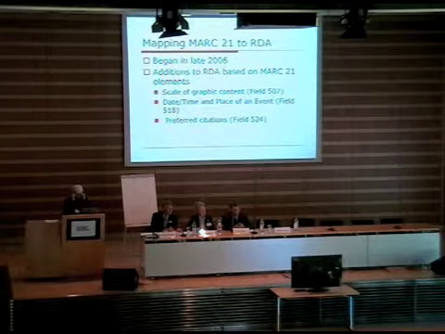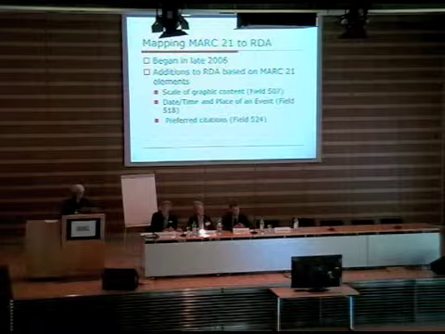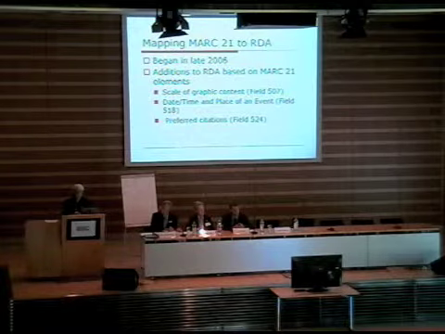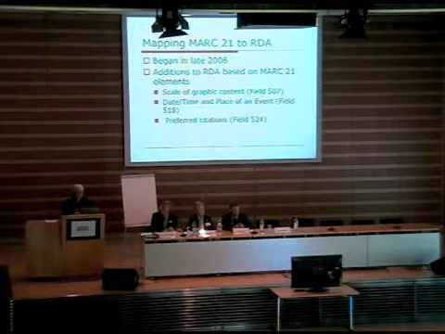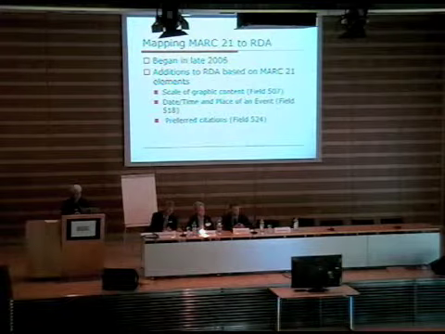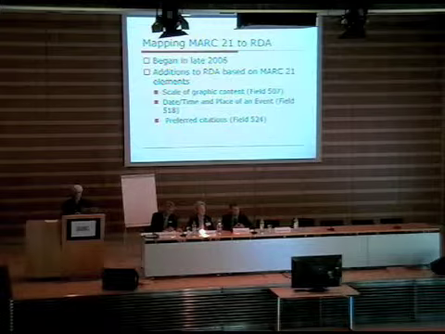So now I'll talk about the actual mapping of MARC 21 to RDA. It began in late 2006, and the activity was started by the JSC because what we wanted to do was look at the compatibility between RDA and MARC 21. In the first mapping, we realized there were some MARC 21 elements that we did not have in RDA.